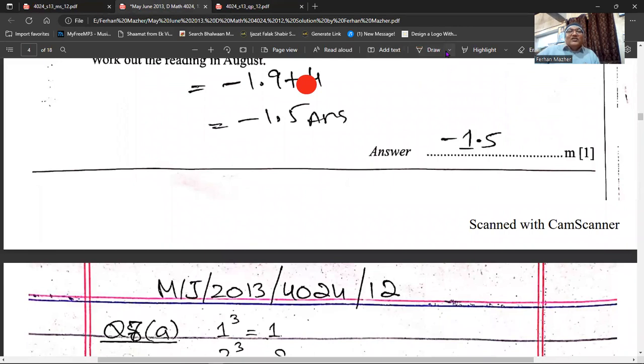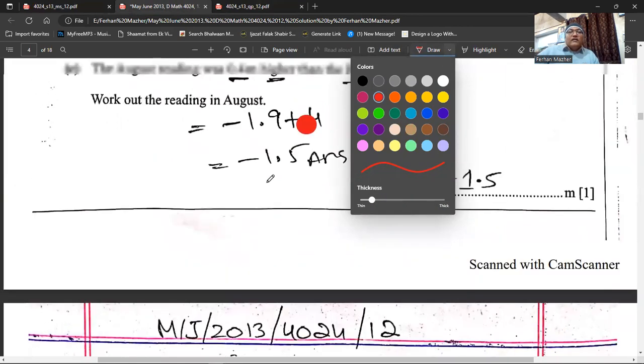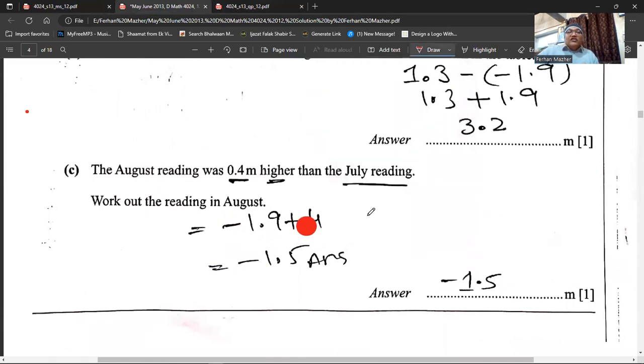Basically it is -1.9 plus 0.4, so it will be -1.5.